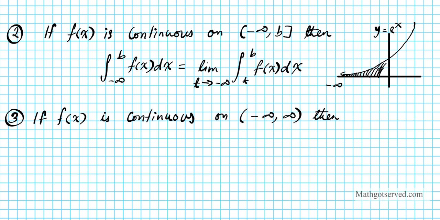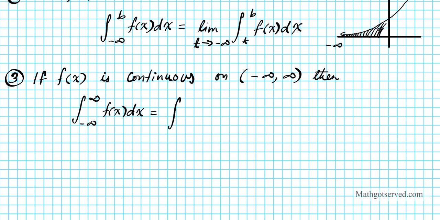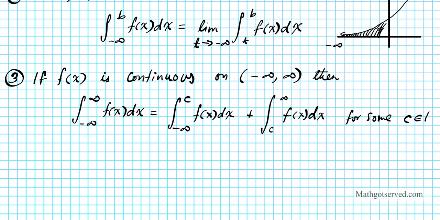Then the integral from negative infinity to infinity of f of x dx is given by the integral from negative infinity to c of f of x dx plus the integral from c to infinity of f of x dx, for some c in the set of real numbers.